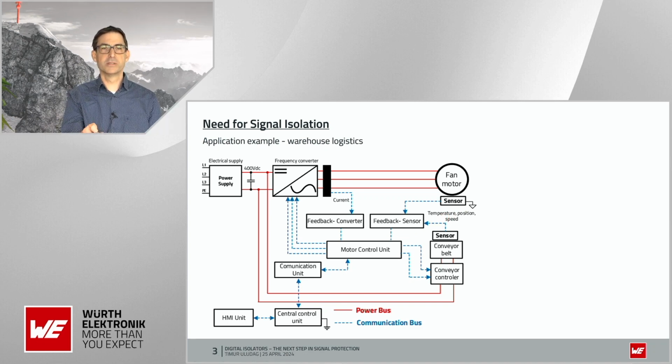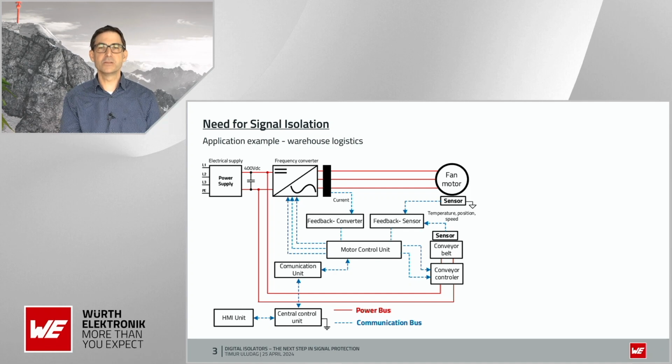Or if you have a frequency converter and you have the communication bus lying not very well in the near field of these motors, then it can be that the pulses of the frequency converter directly couple to the communication bus.